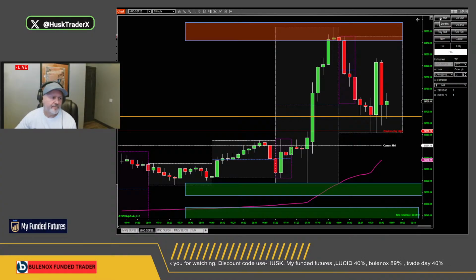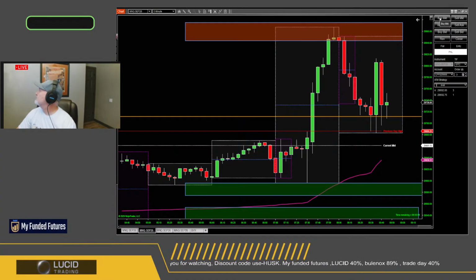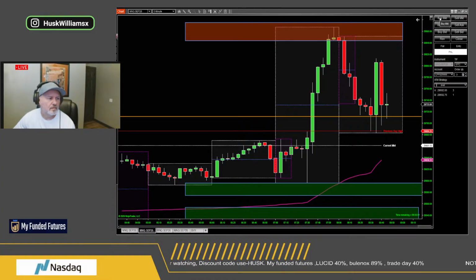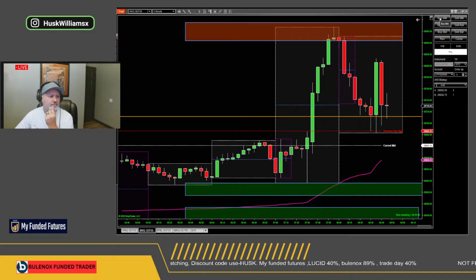Maybe back above the 57 here. Trying to see. Massive inside bar here.